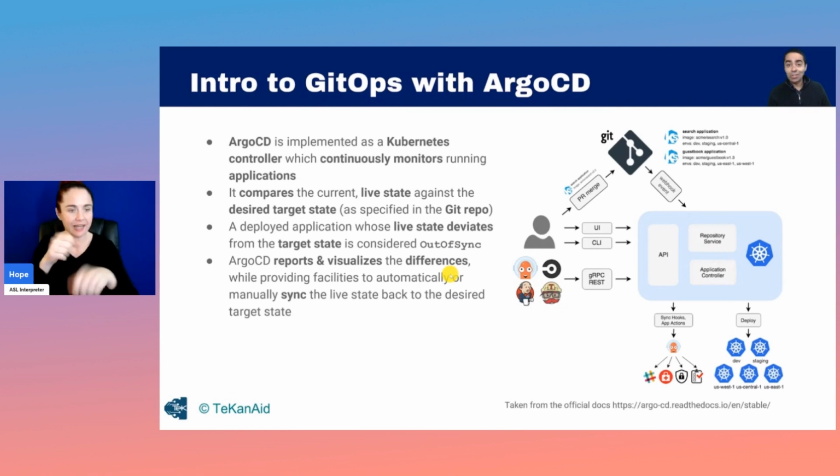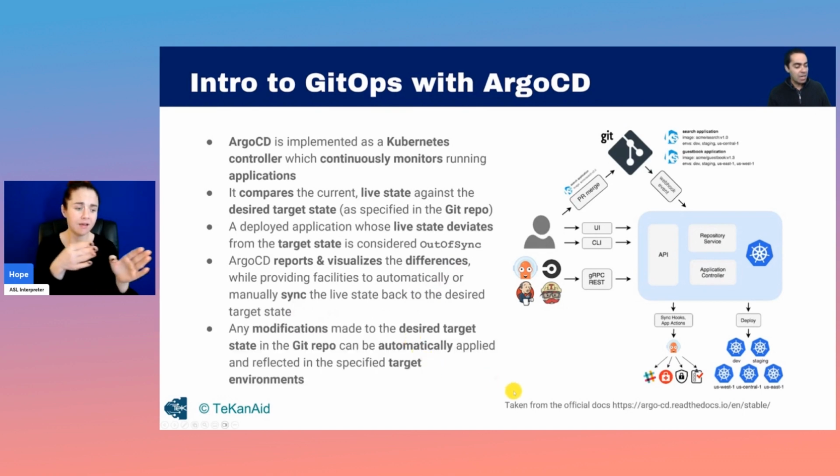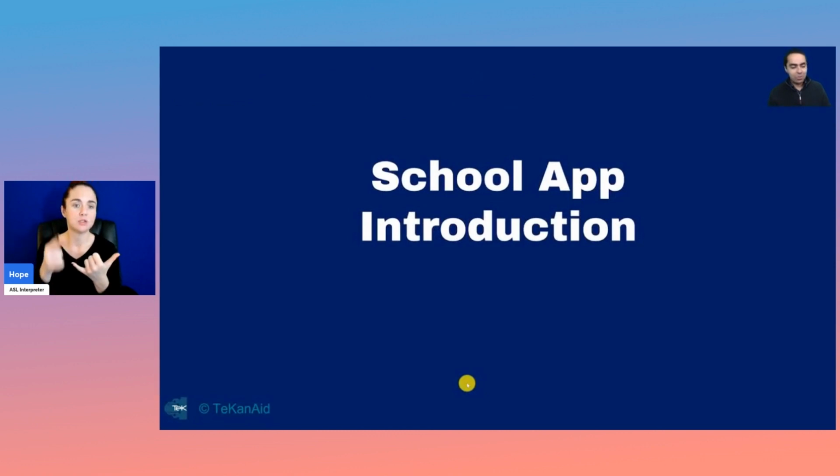So ArgoCD reports and visualizes the differences while providing facilities to automatically or manually sync the live state back to the desired target state, as I mentioned. And then any modifications made to the desired target state in the Git repo will automatically get applied and reflected in your target environment. So it's an amazing technology, and many organizations are moving to GitOps.